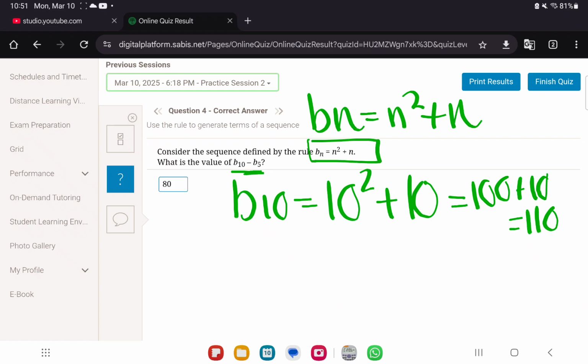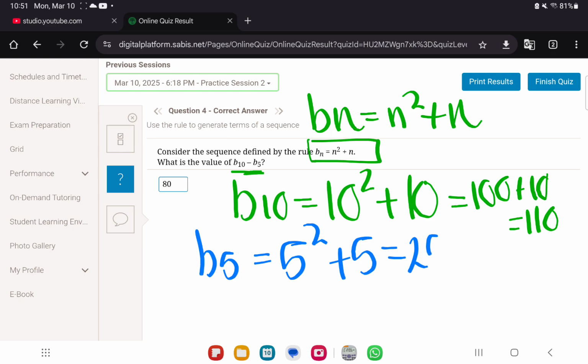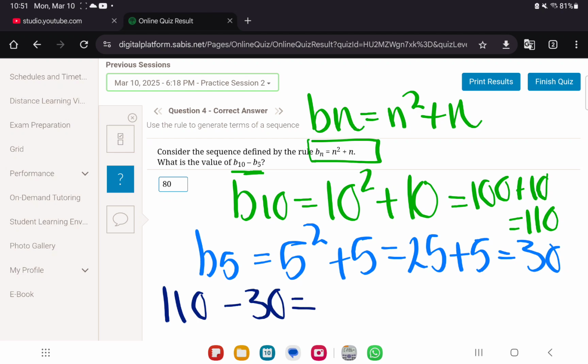Now for b5, b5 equals 5 squared plus 5 equals 25 plus 5, which is equal to 30. They want b10 minus b5, so 110 minus 30 is equal to 80. And that's your answer.